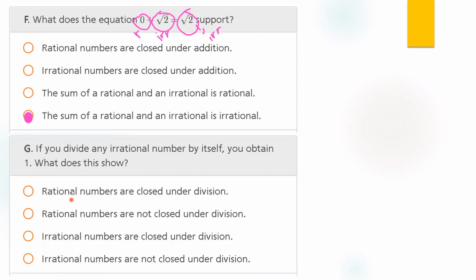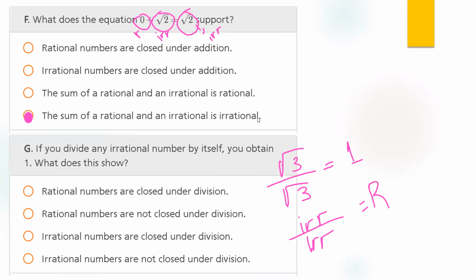Now G. If you divide any irrational number by itself, like square root of 3 divided by square root of 3, what will the answer be? It will be 1. So what does it mean? That if you divide an irrational number by an irrational number, the answer is rational.